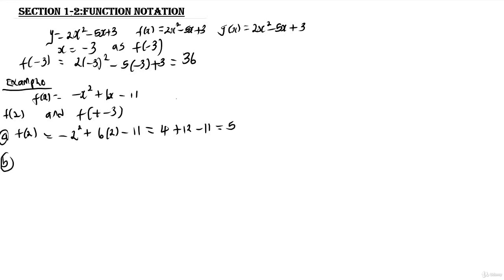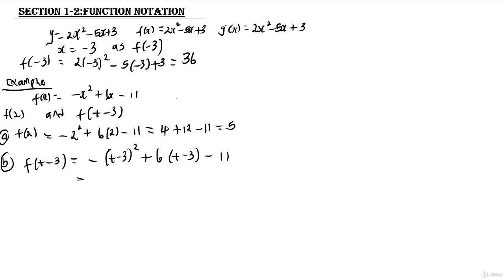So let's take a look at the second one, which is f of t minus 3. What do we mean by this? Whenever we see s, we're going to plug in t minus 3. So this is going to be minus (t minus 3) squared plus 6(t minus 3) minus 11.